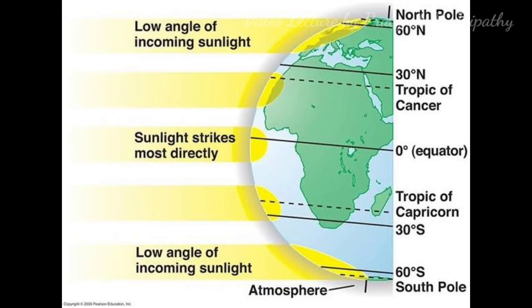Here, the sun's rays cover a much larger area and lose heat in the process. In fact, in these regions, we have about 9 months of winter during 1 year, and this area remains frozen for the major part of the year. Hence, they are named as frigid zones.